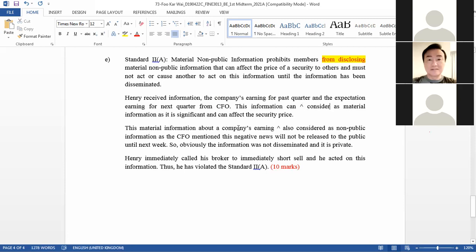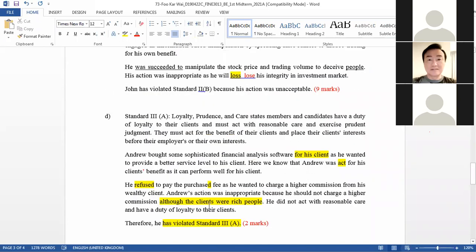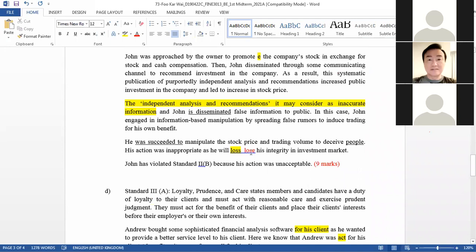This material information about a company's earning can also be considered. Something missing here, right? So these are your grammar mistakes. You still have grammar mistakes, so take note of your grammar mistakes and your choice of words. Okay, you rich people, and using a verb instead of using a noun instead of a verb.